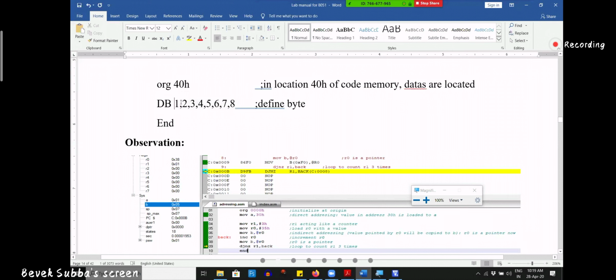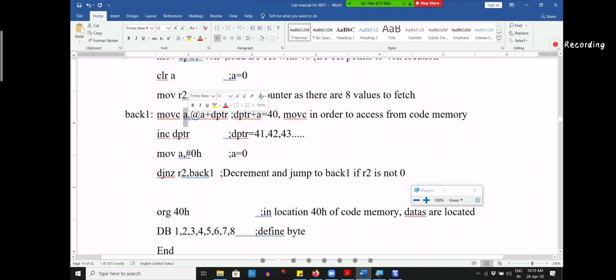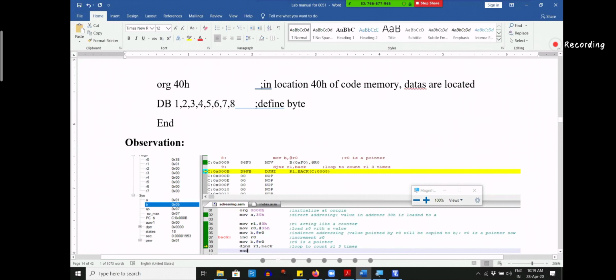This is 40, this is 41, this is 42, this is 43, this is 44, 45, 46, 47. And we need to move these values one by one to the accumulator.